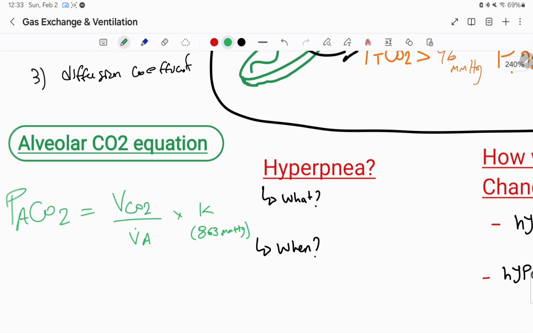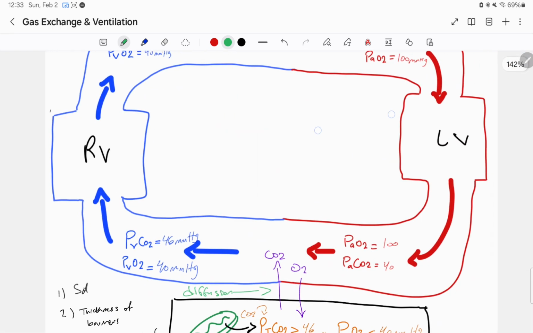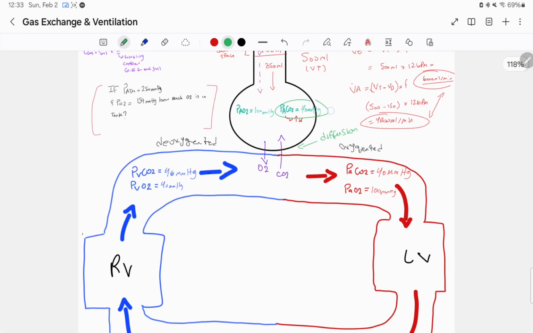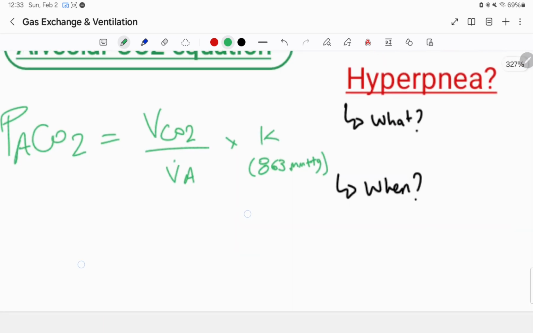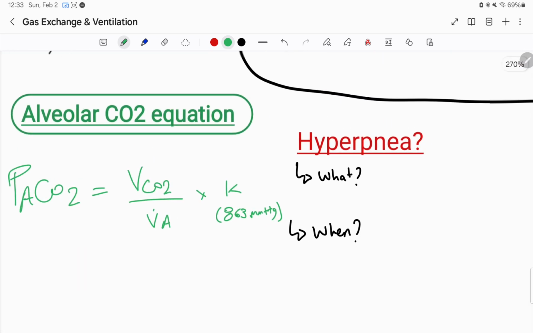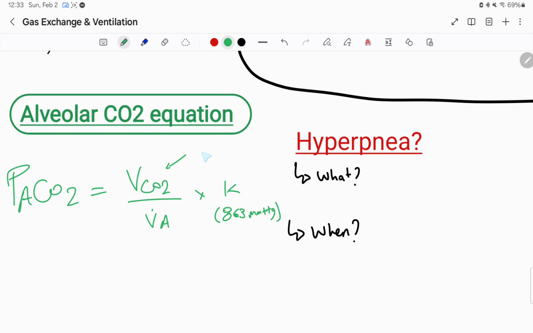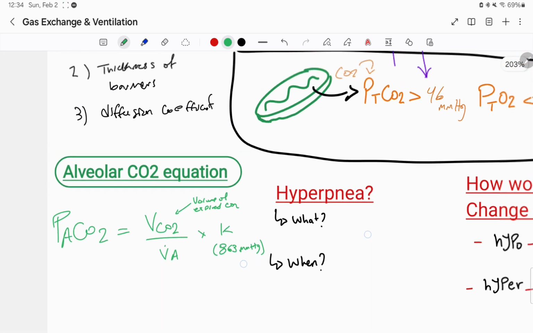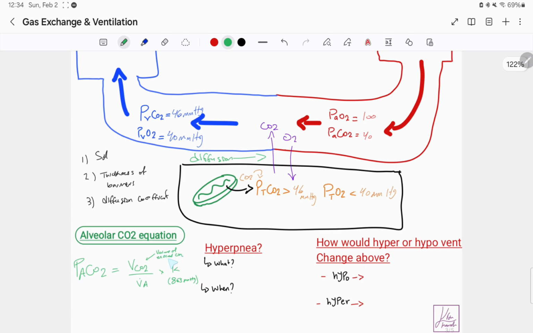Now here's the thing. This guy, which we saw right up here, can be calculated using this exact formula. But what are these things? VCO2 is the volume of expired CO2. If you make this connection, where's the expired CO2 technically coming from?